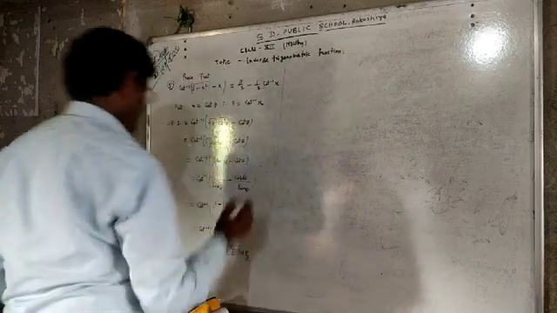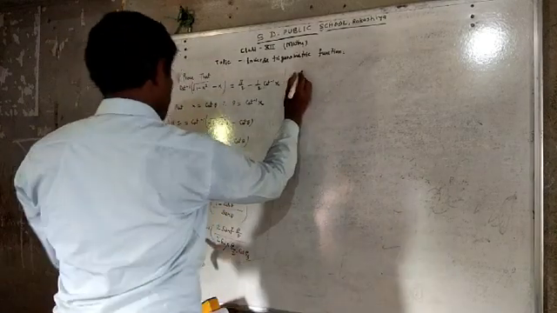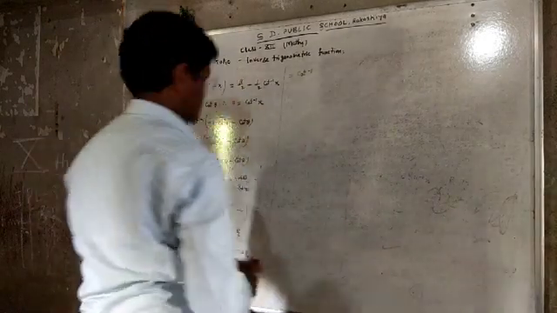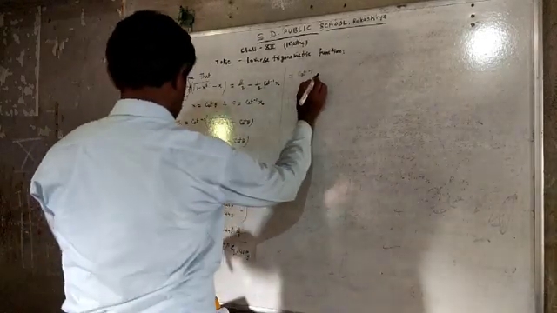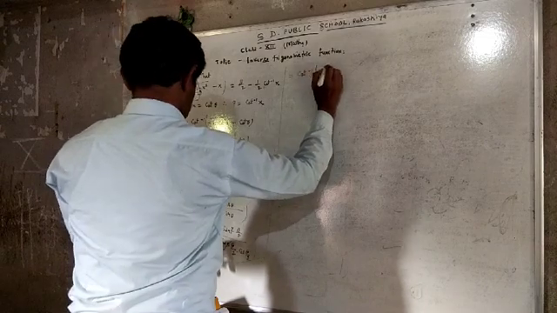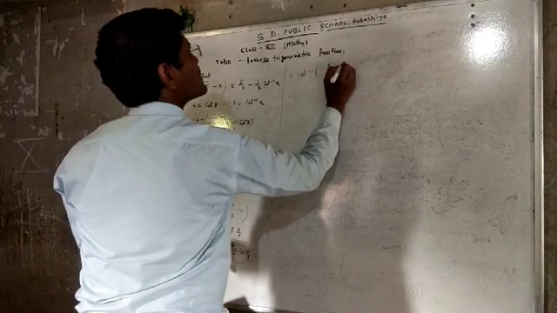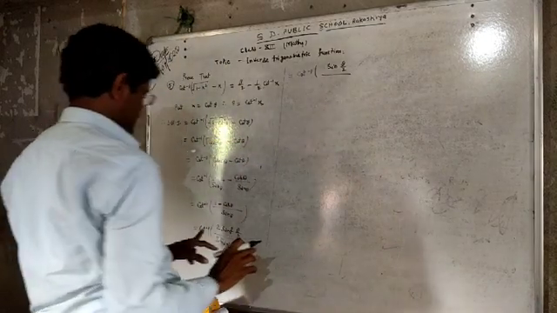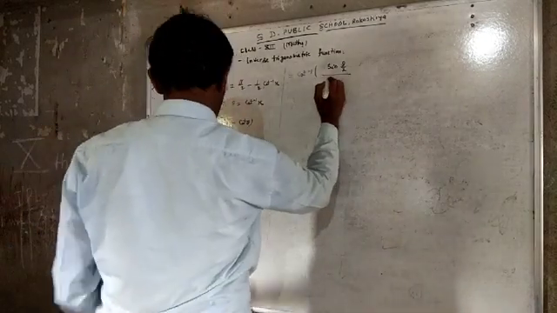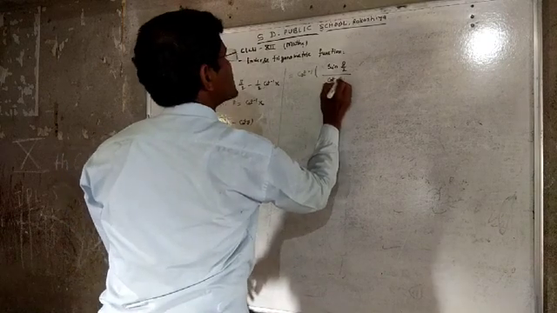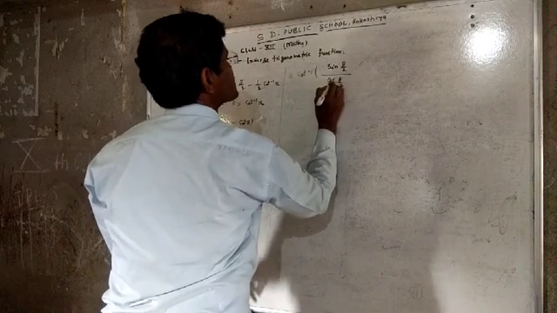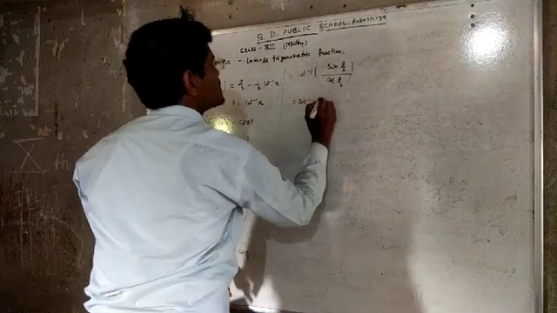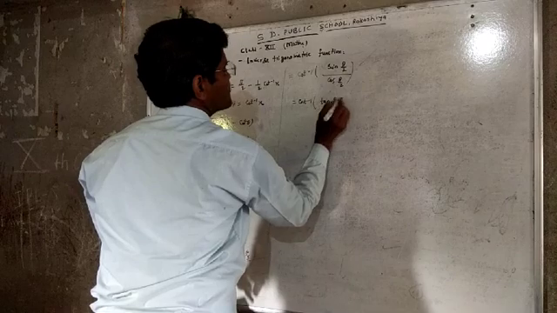Therefore, the LHS is equal to cot inverse of sin theta by 2 upon cos theta by 2, which is equal to cot inverse tan theta by 2.